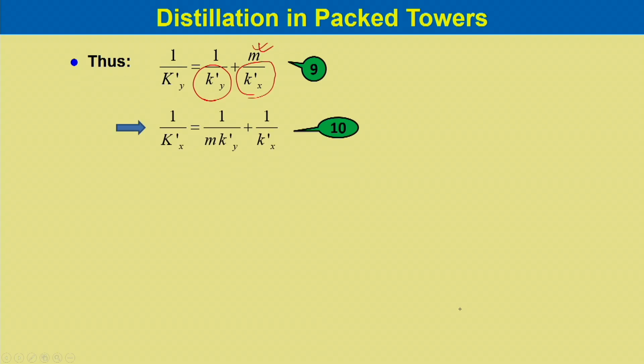Similarly, we can write in terms of the overall mass transfer coefficient based on the liquid phase. So, we can write 1/Kx' would be equal to 1/(m ky') plus 1/kx'. So, this is equation 10.